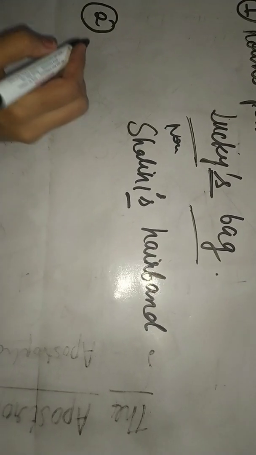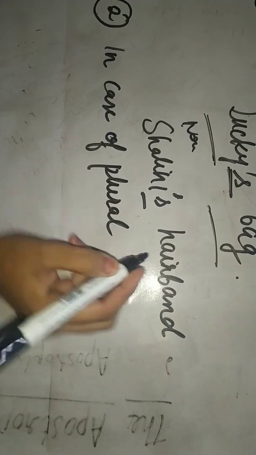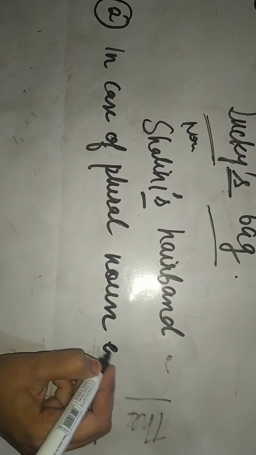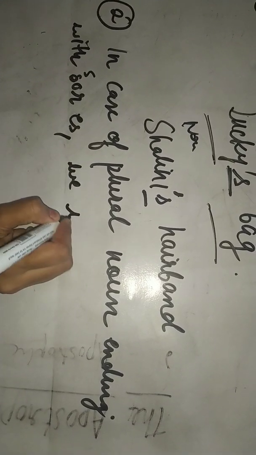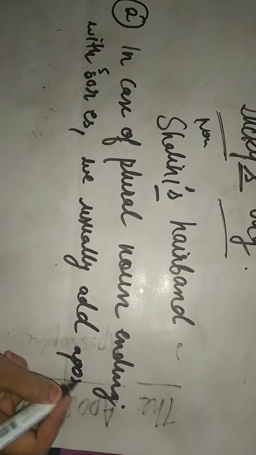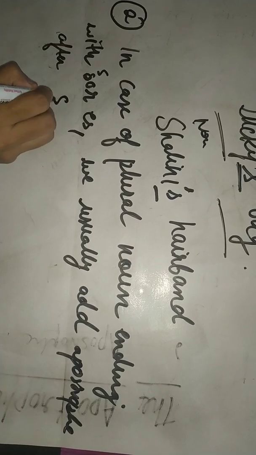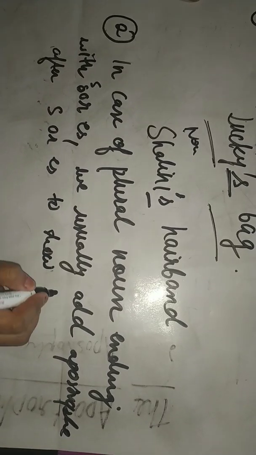Clear? That means in case of a plural noun ending with s or es, we usually add the apostrophe after the s to show possession.